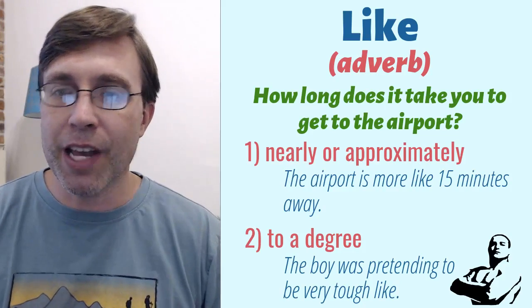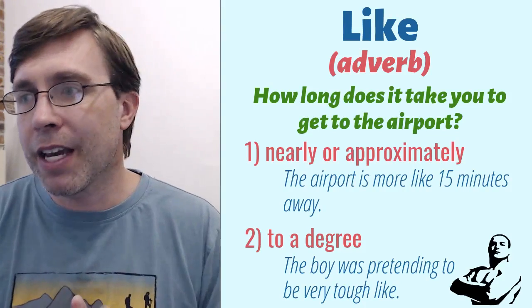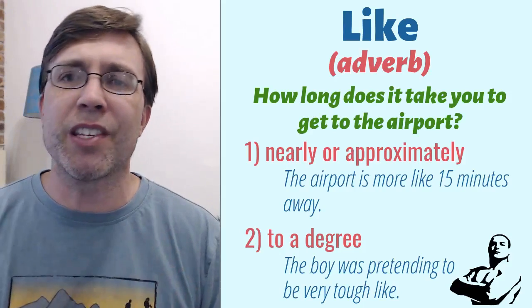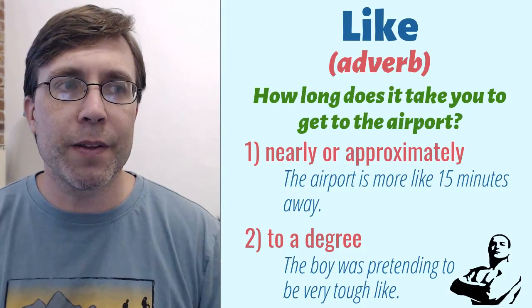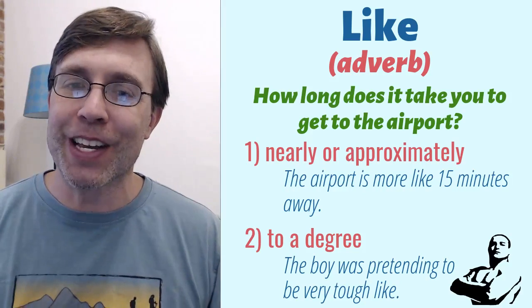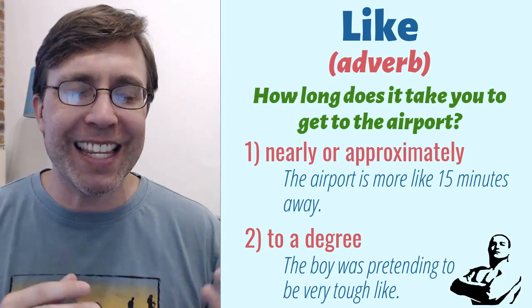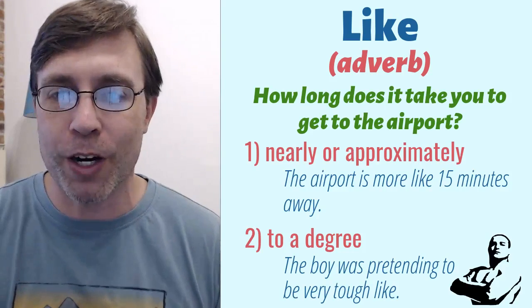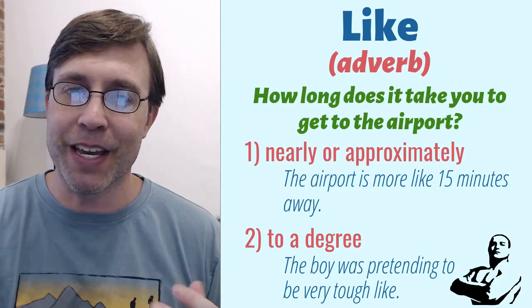All right. He was acting all tough like. She was being all silly like. There's so many different examples that you could go through. But again, this is not probably one of the more common uses as an adverb.